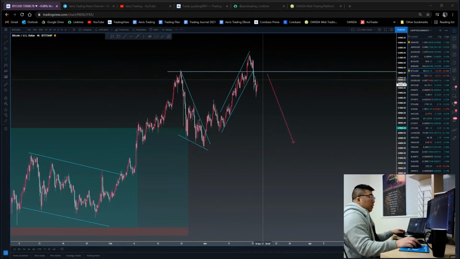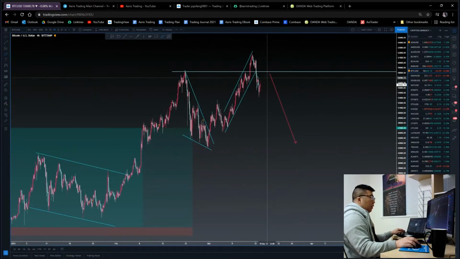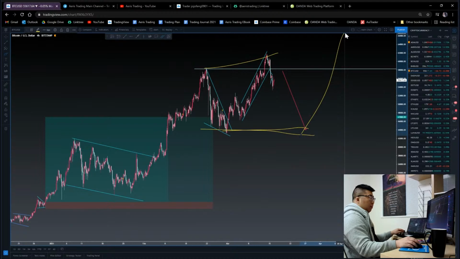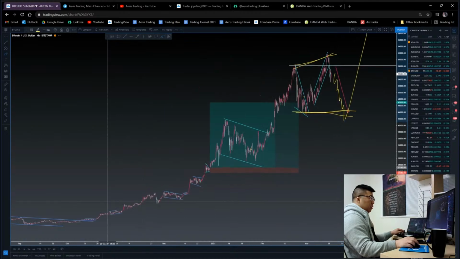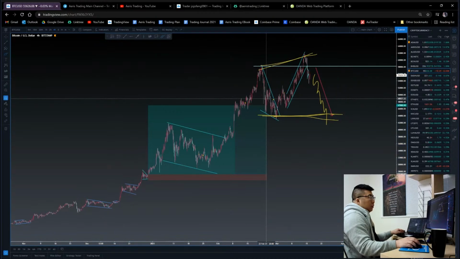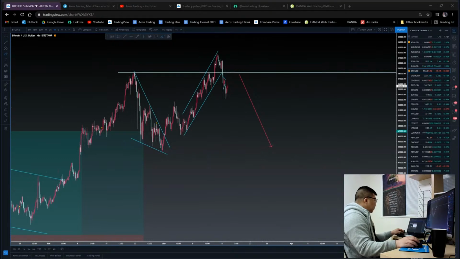I do see the bearish move. I don't see the bullish move right here. I do expect this push to the downside, and we'll see if this is going to be some sort of bigger structure to continue upwards, kind of an expanding structure that we just talked about in my video. This can move all the way down here and then reverse back up, and pretty much just a bullish move, right? So that's what I see on Bitcoin.